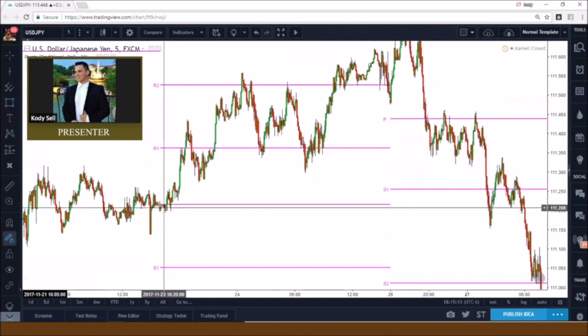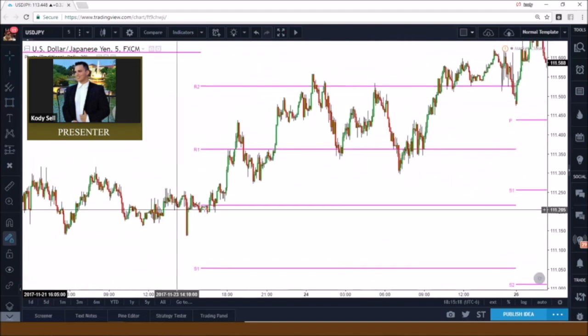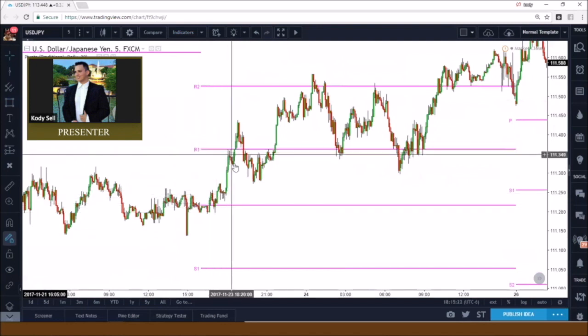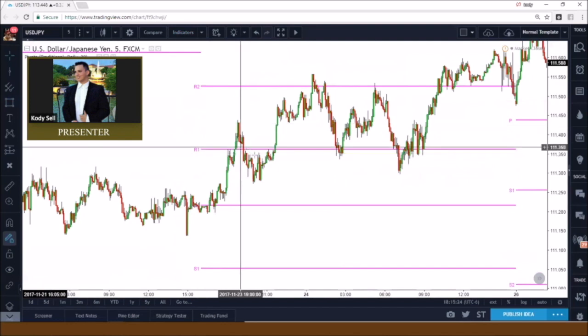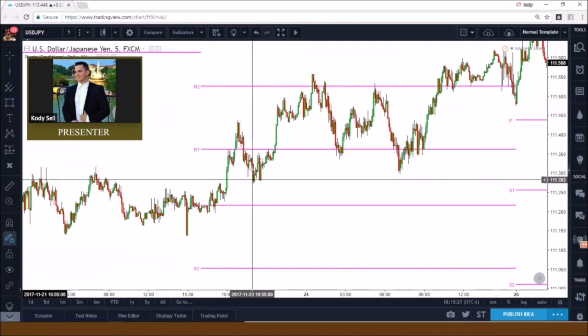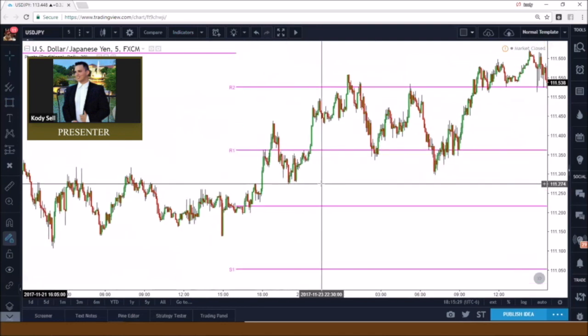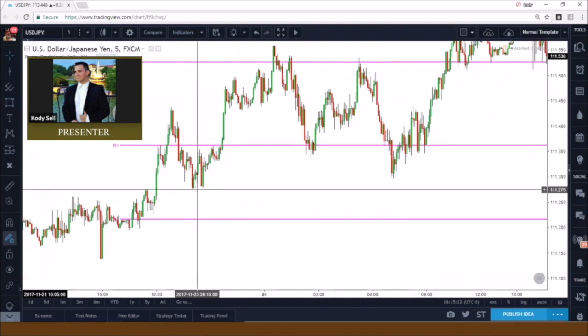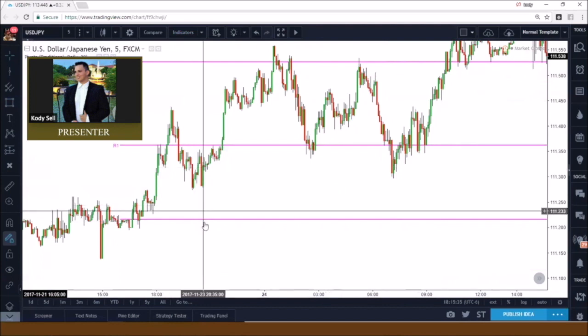So we open up right here at pivotal level, and then notice how we breach, we retest, we fly up to R1, we bounce, we break, and then we actually got a little muddy right here. And the reason why is because price didn't have enough volatility at the time to continue to the downside.